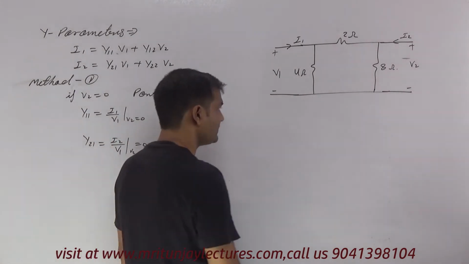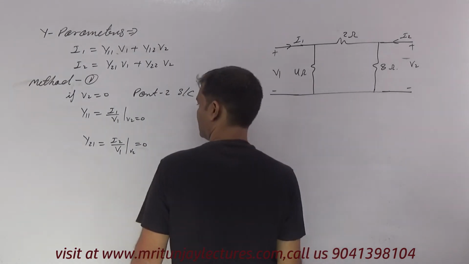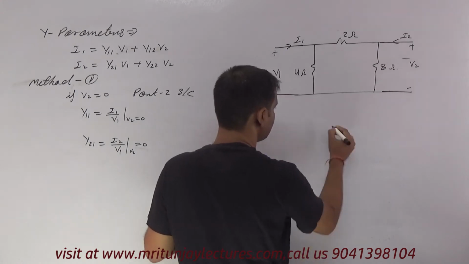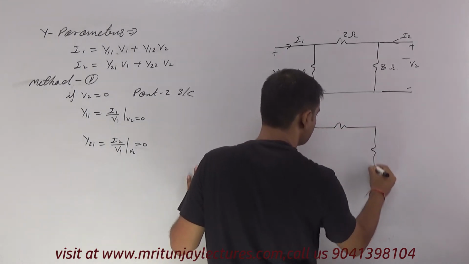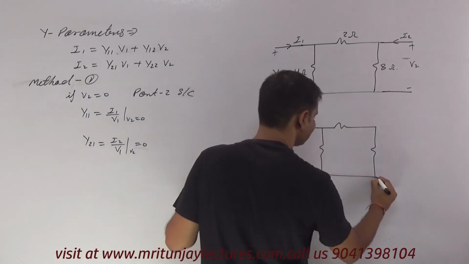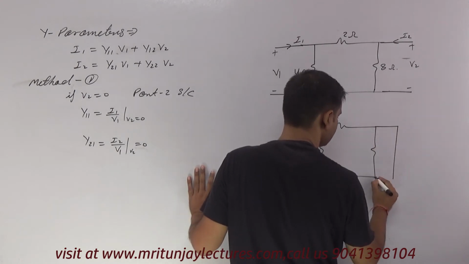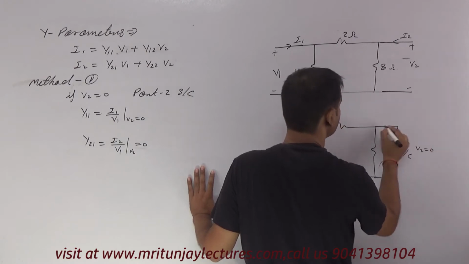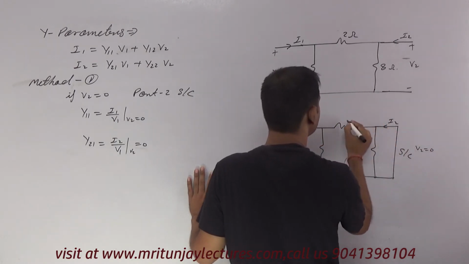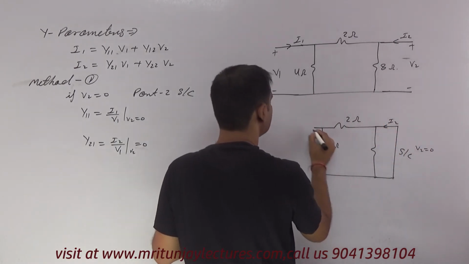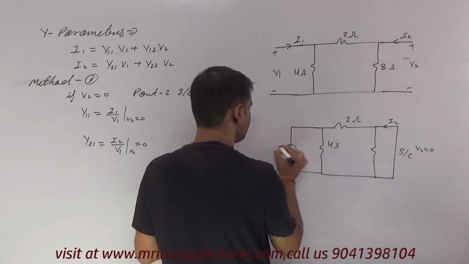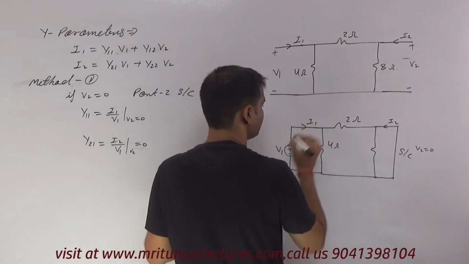Now how can we deal with this? First of all, if V2 equals 0, this one is short circuit, meaning V2 equals 0. Here I2, 2 ohm, 4 ohm, and here plus minus V1 and here I1.